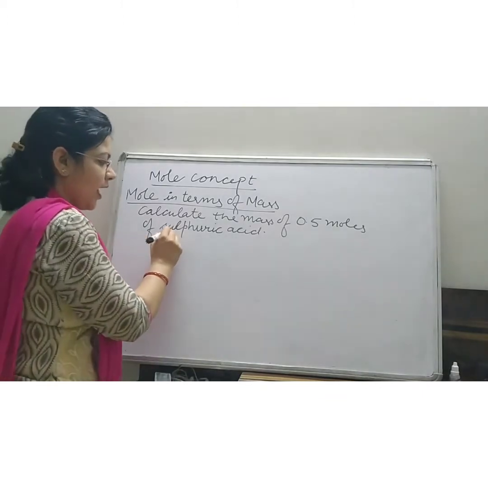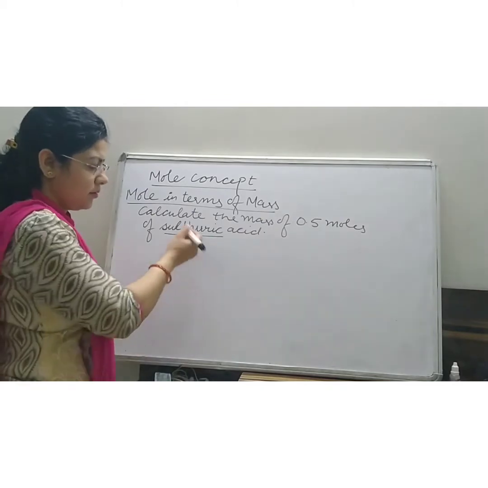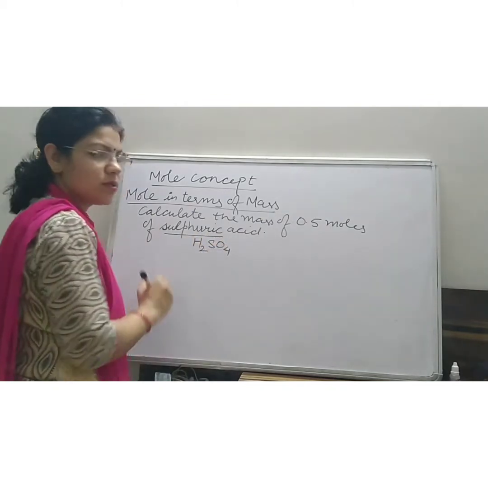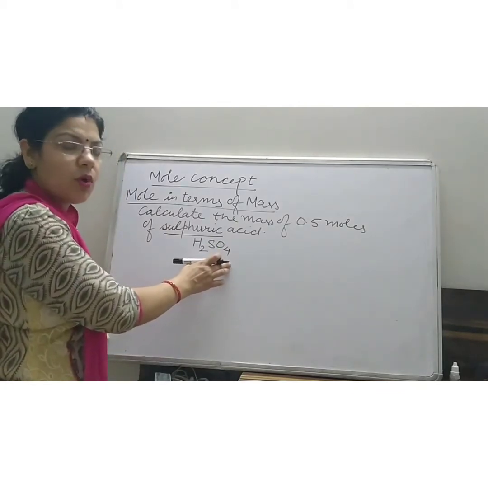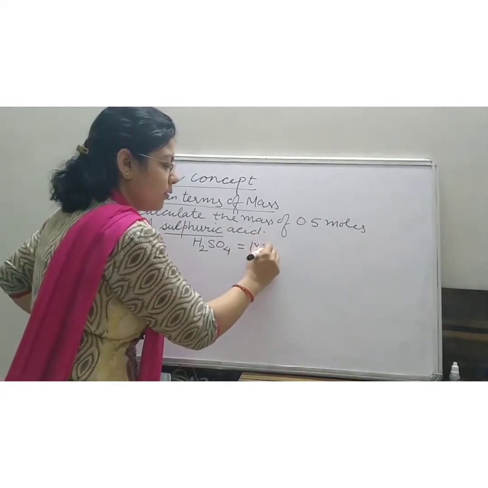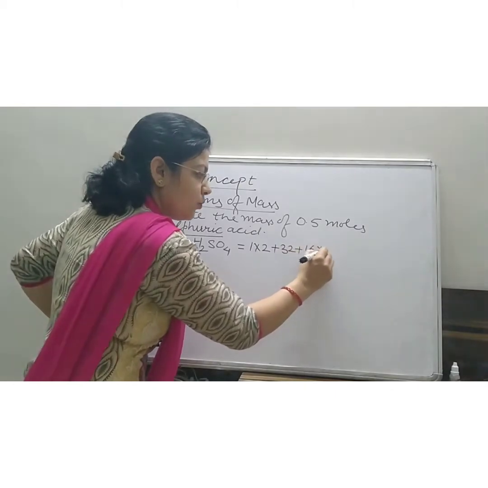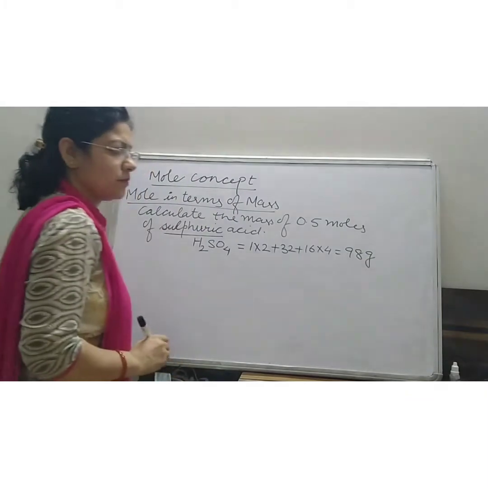First of all, we have to write the chemical formula of sulfuric acid, that is H2SO4. Next, we have to calculate its molecular mass. Its molecular mass is 1 into 2 plus 32 plus 16 into 4, that is 98 grams.